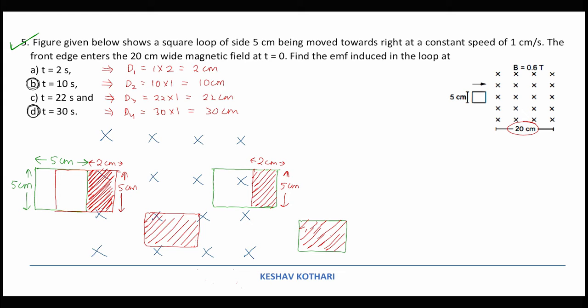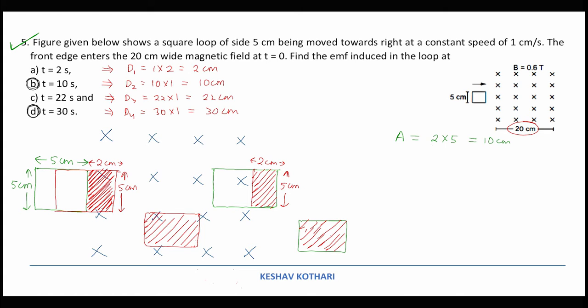So the value of EMF induced at 10 second and 30 second will be 0, and at A and C, that is at 2 second and 22 second, the area linked with the flux change is same. So the EMF induced is going to be same, so we are making a single set of calculation for A and C. So the area which is changing is equal to 2 into 5, that is 10 centimeter square.